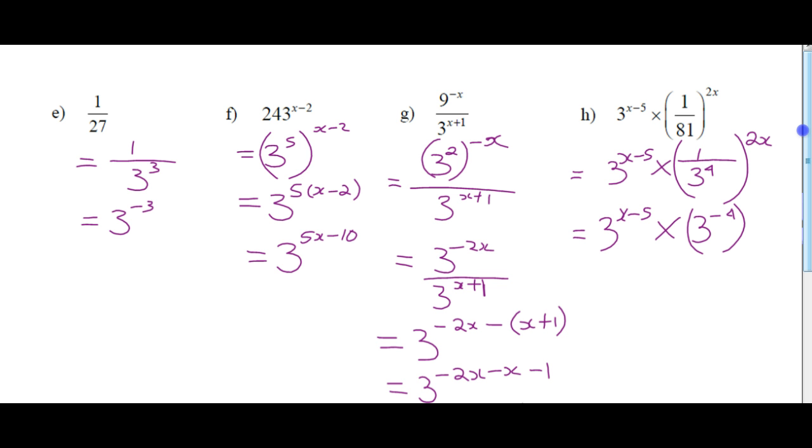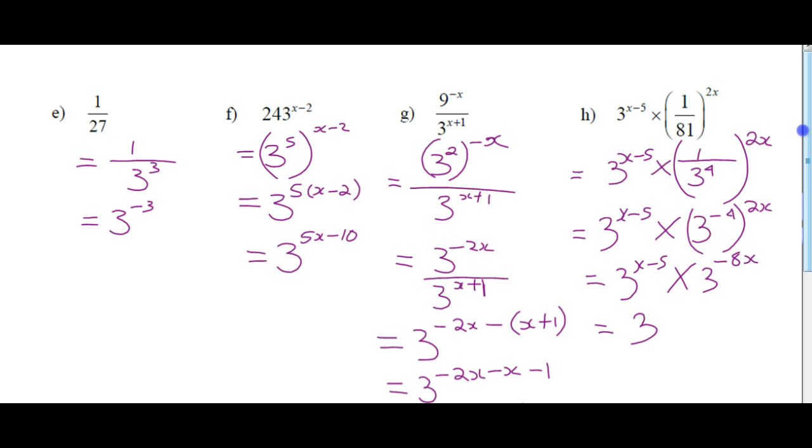So 1 over 3 to the 4th can be written as 3 to the negative 4 to the 2x, which is 3 to the x minus 5 times 3 to the, what do we get here? Negative 8x, yeah, so negative 8x.